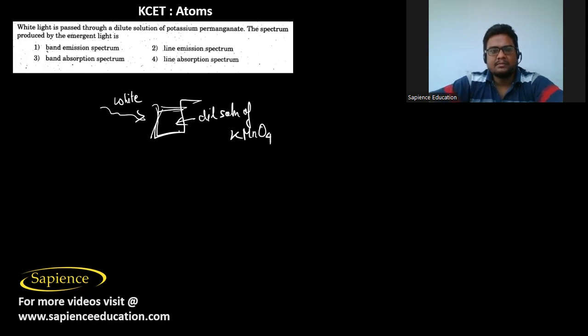The spectrum produced by the emergent light, that will be, so only some of the wavelengths will be absorbed, so it will be a band absorption spectrum. So some wavelengths will be absorbed by the solution and some will be emitted. So the spectrum produced by the emergent light, that will be band absorption spectrum.